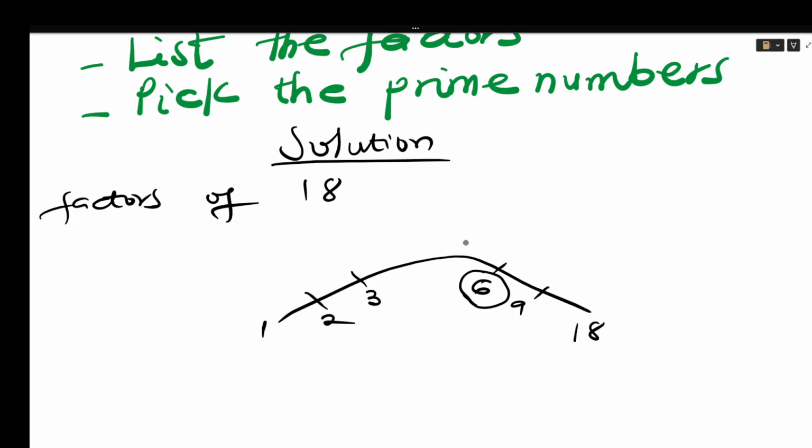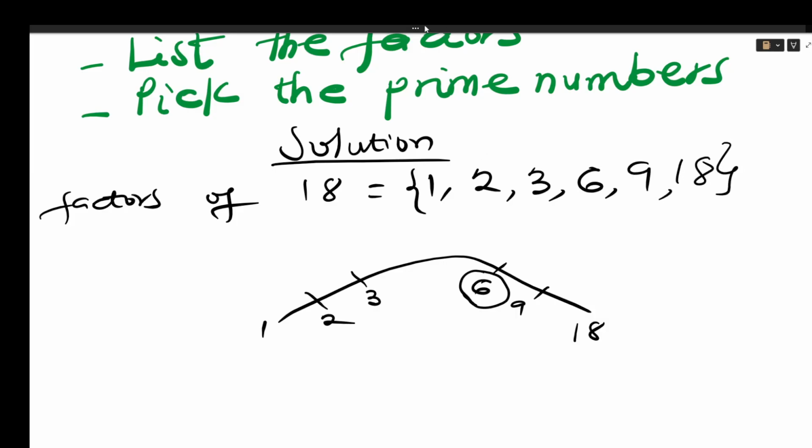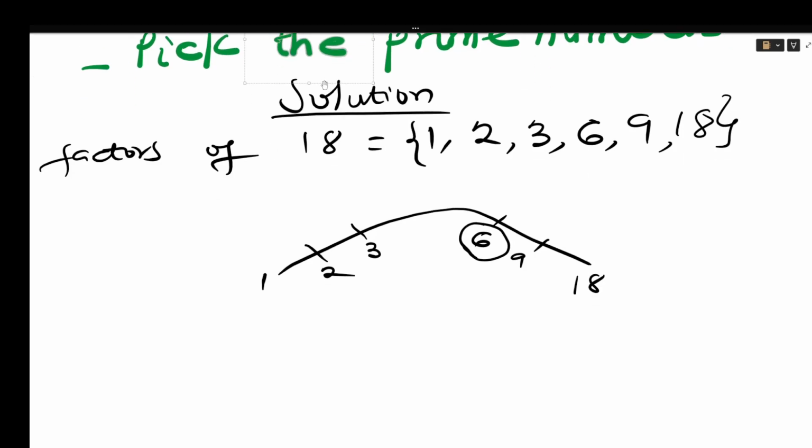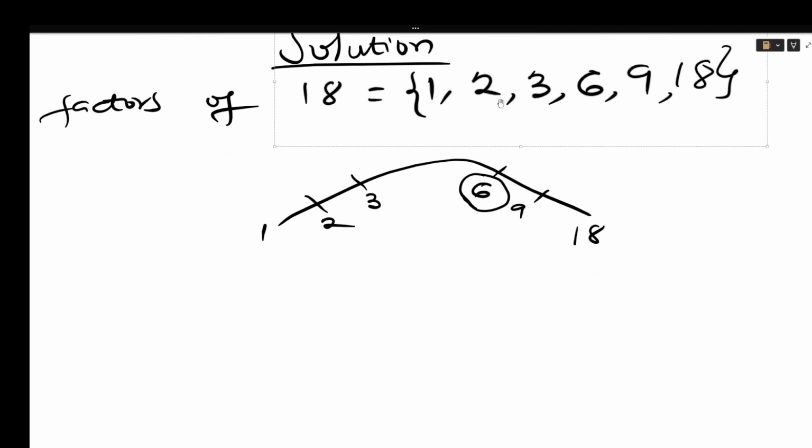So that is the end of our check. So the factors of 18 are 1, 2, 3, 6, 9, and 18. That is the first step, finding the factors of the number. Now let's proceed to find the prime factors of 18.